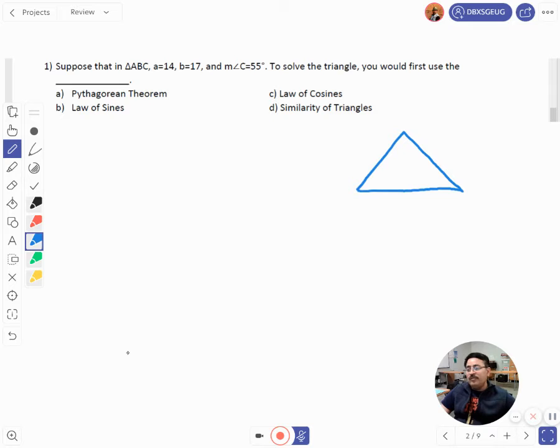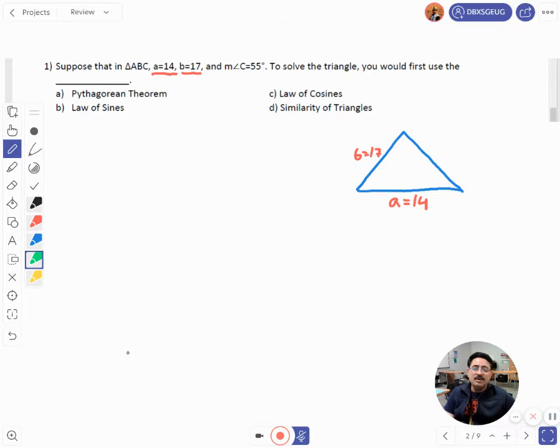As I mentioned before, if you are given lowercase a, that indicates the side. So here a equals 14. Next, b is 17. You can take either of the remaining two sides. So let me take this as b equals 17.